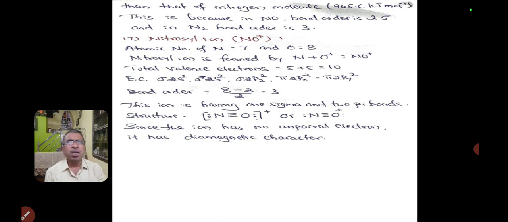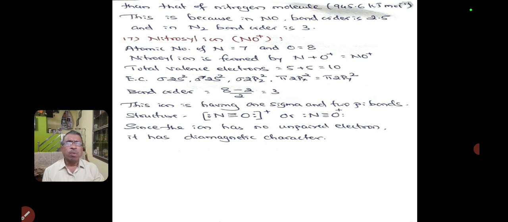Coming to another ion, the nitrosyl ion, that is NO+. In NO+, the total number of electrons of N and O+ will be 5 plus 5 equals 10 electrons.